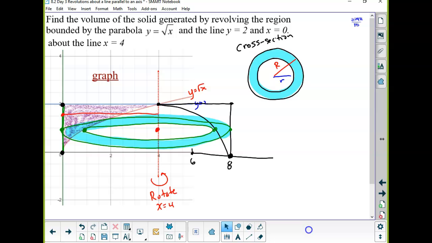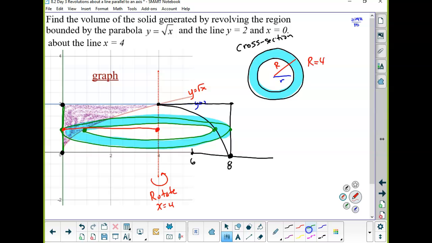And it doesn't matter which point I pick. I could pick any random point, but what is that big radius always going to be? 4, right? It's 4 units. So my large radius is 4. That's the easy one, because you can literally just count, and that radius never changes.